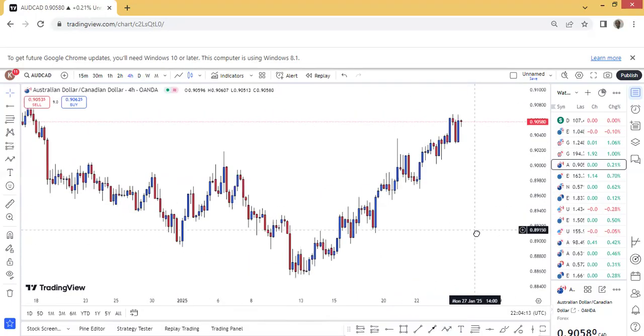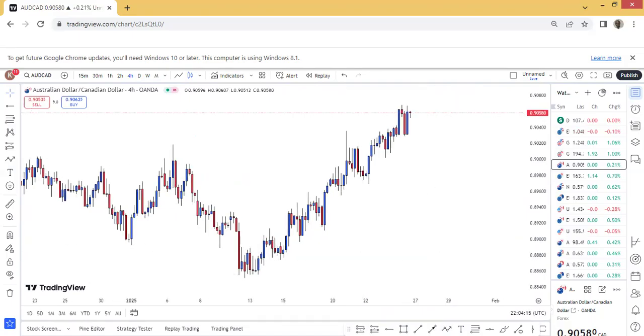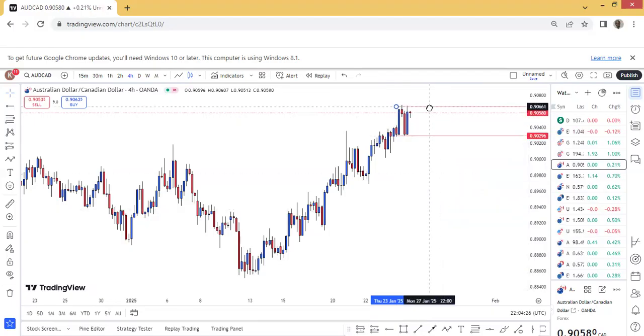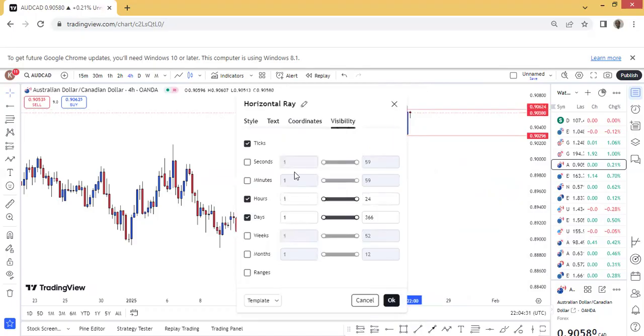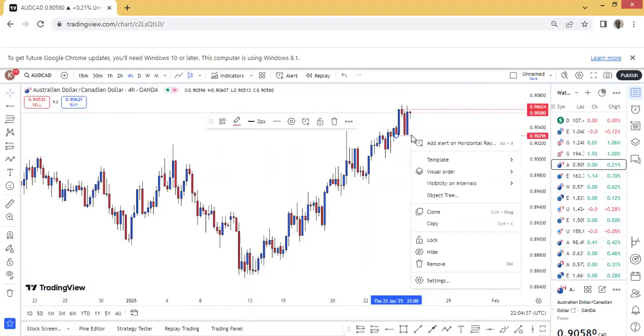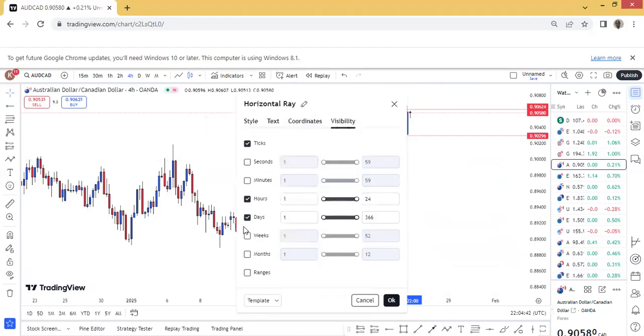Obviously, the 4 hours will also be very, very bullish. So we have these. And then we have this. So we are bullish on all the time frames, the directional time frames.